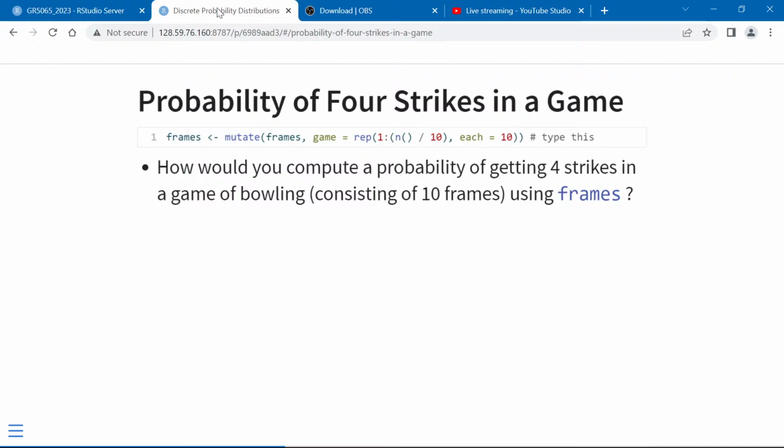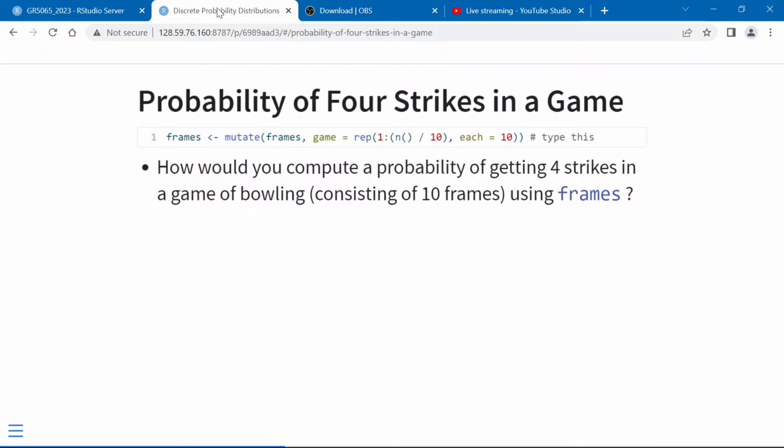Anybody want to take a crack at answering this? You just draw a bunch of random samples of 10 frames and then see how many of them have 4 strikes in them.